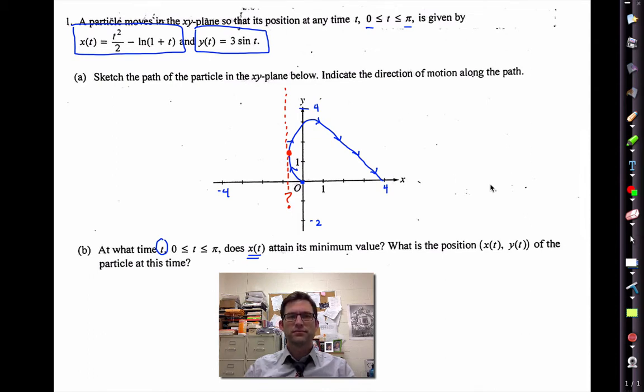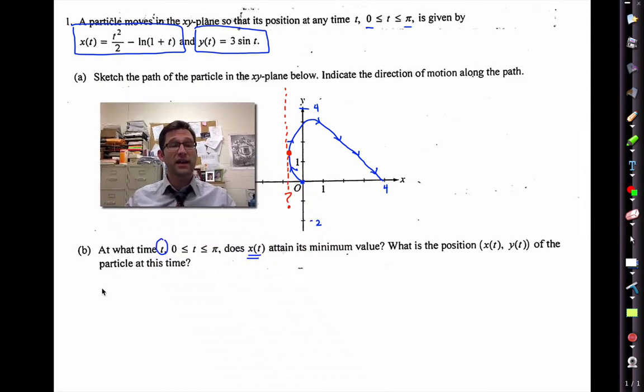All right, well, to be quite frank, what we're doing is changing direction in the x direction. So what we need is dx/dt, which is the same, if you will, as the velocity in the x direction. We need this to change sign. In fact, what we really need is for it to look something like this.